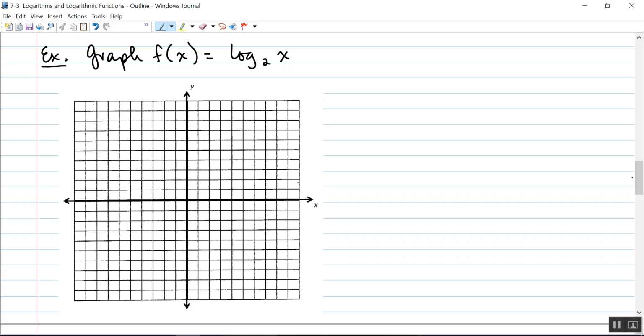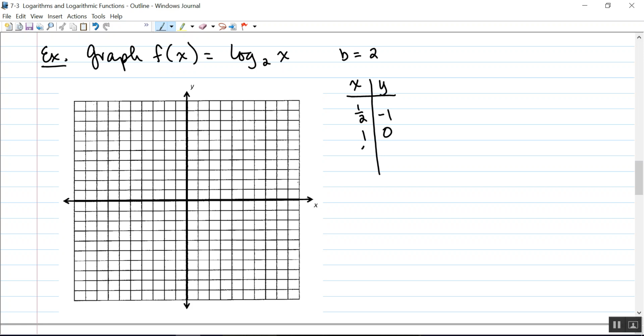Here I have the function f of x equals log base 2 of x. So in this case my base is 2. From the previous graph that had the b's and the 1 over b's in it, I can make a table of values where I have 1 over b, so that's 1/2, comma -1. Then I have my x-intercept of 1, comma 0.